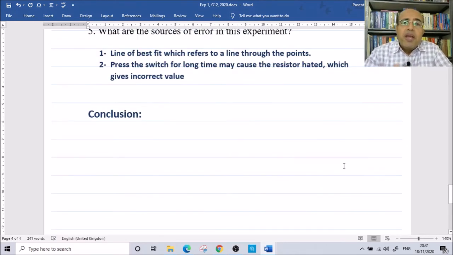Conclusion. In conclusion, we have to state the objective of the experiment, and comment on the results and the relation between the actual and calculated value of the resistor in that experiment.